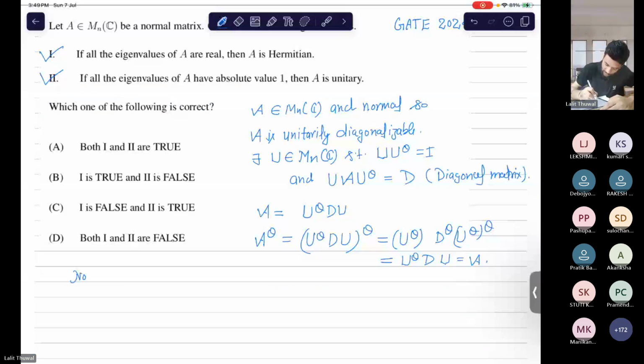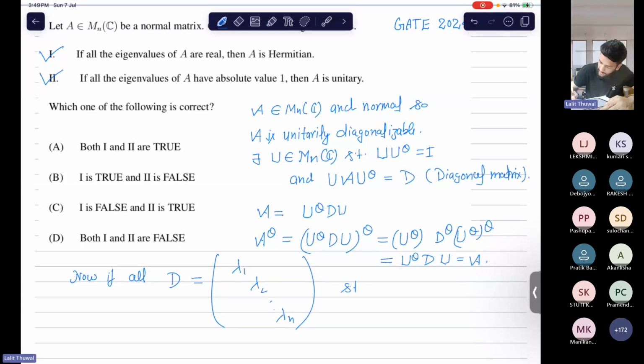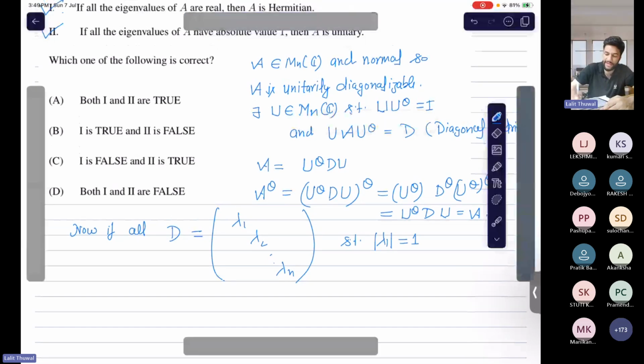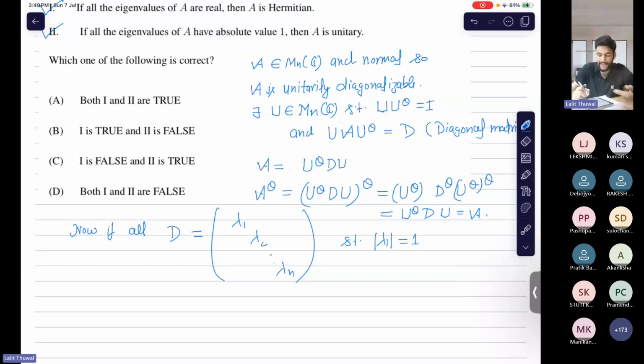Now, if D equals diag(lambda 1, lambda 2, ..., lambda n) such that the modulus of each lambda is 1, it is given to us in the second statement. So we have to see whether A is unitary or not. To see if A is unitary, what do we need to determine? A and A*, right?